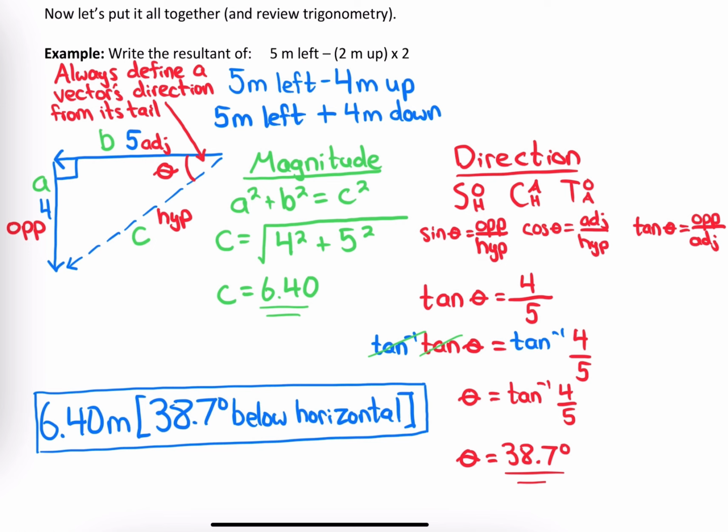I can use Pythagorean theorem to find the magnitude of the vector, and I can use SOHCAHTOA, my basic trig ratios, to find the direction. When I'm trying to find the direction, I have a few options. It would appear as to what angle to pick, because every triangle has a few different angles in it. So just remember that the one we want is the angle at the tail of the vector. We always define a vector's direction from its tail.